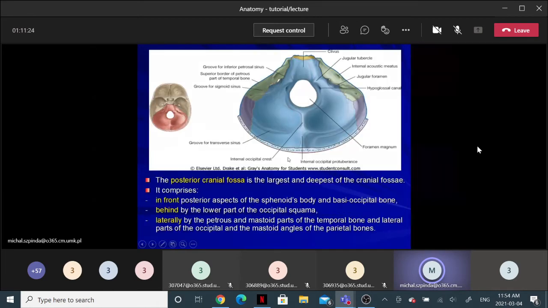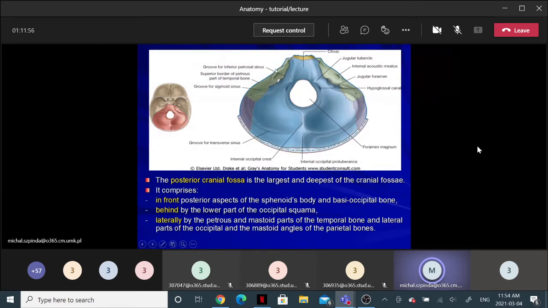And the posterior cranial fossa is composed of most of the occipital bone, with its basilar part, two orbital parts, and the inferior occipital squama. Apart from this, here is the posterior surface of the petrous temporal bone.